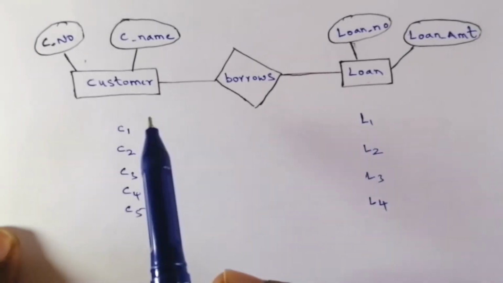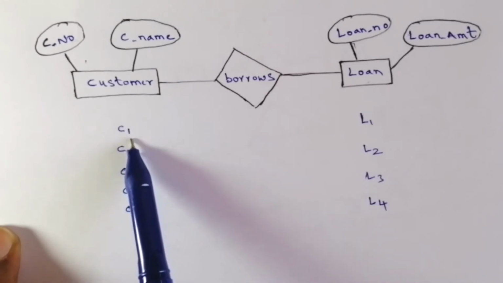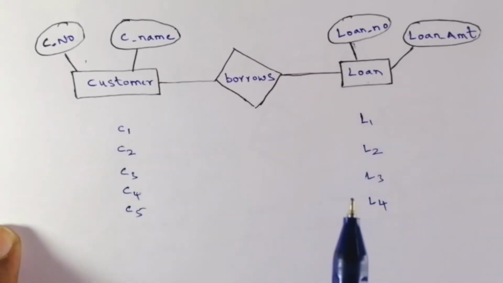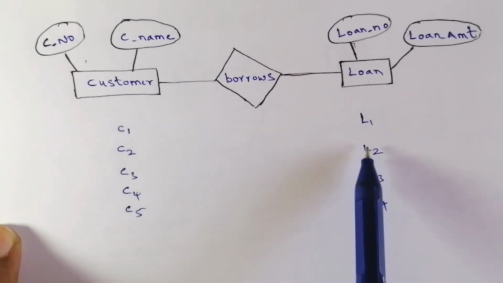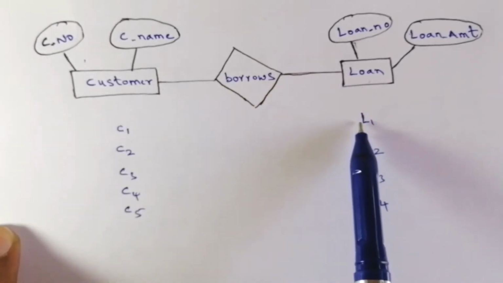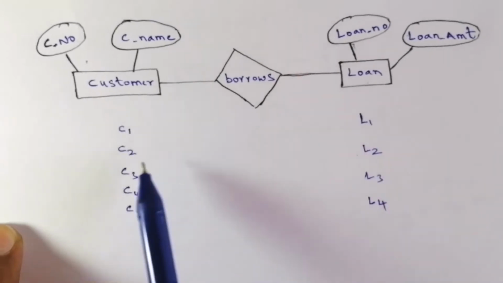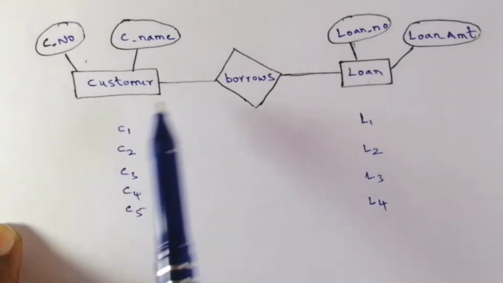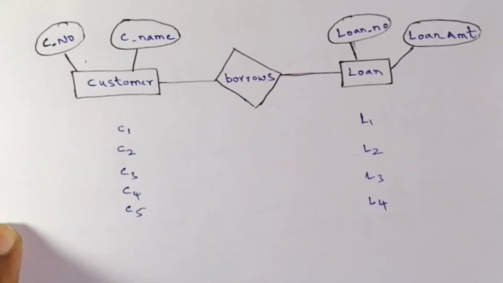Now see, in this many to many relationship, a customer can take multiple loans from a bank. And in the same way, a loan can be taken by multiple customers, that is, there can be joint loans, right? So by this ER diagram, we have understood these things, right?